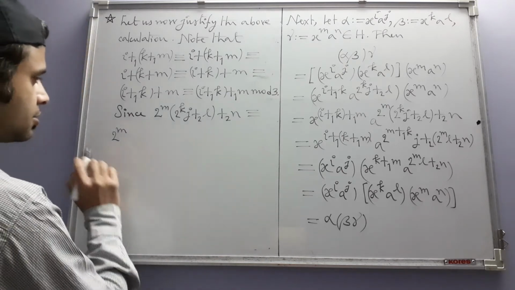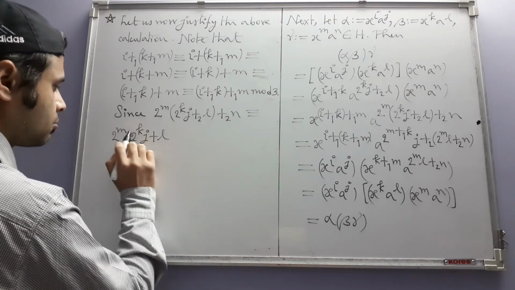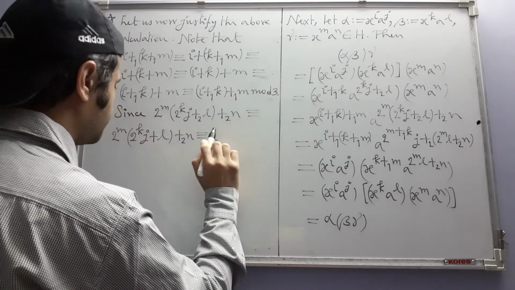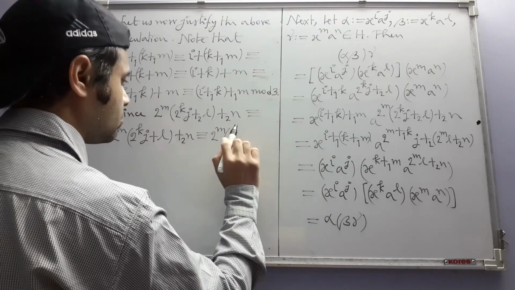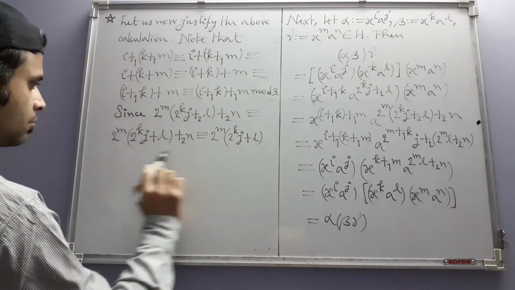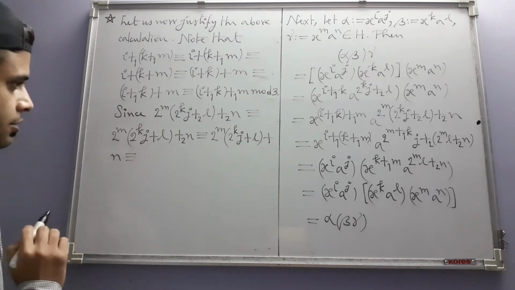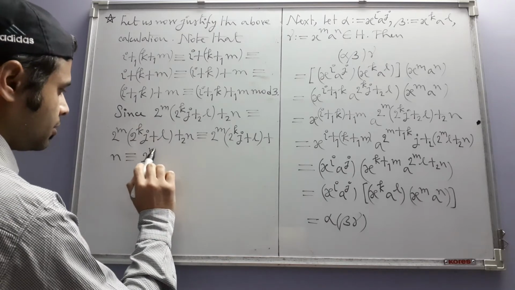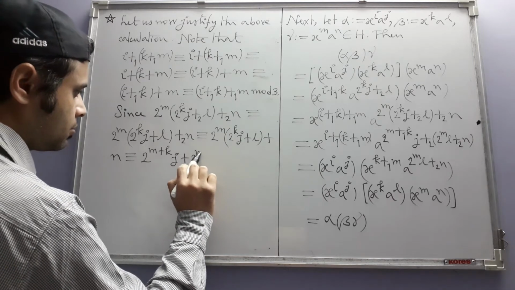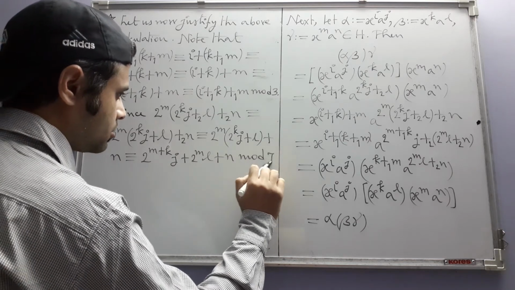Yes, since this is congruent to, which is congruent to, plus n, and that is congruent to 2 to the power (m plus k) times j plus 2 to the power ml plus n mod 7.